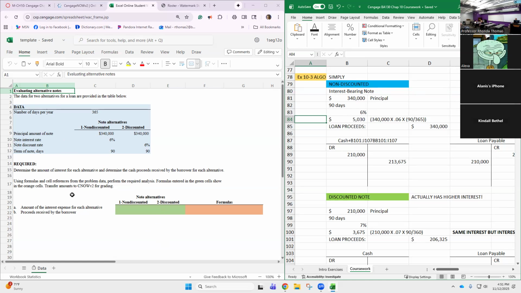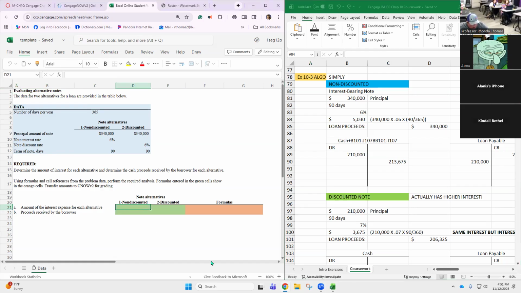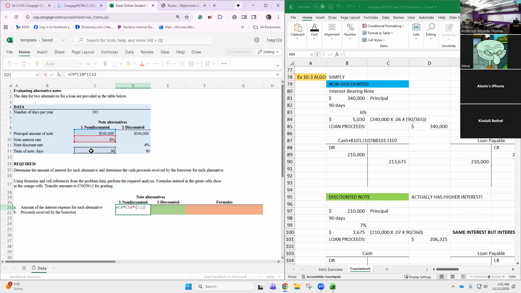They're wanting us to determine the amount of interest for each alternative. So we're going to start here. We take equals your non-discounted note times your 6% times, in parentheses, the number of days divided by 365.